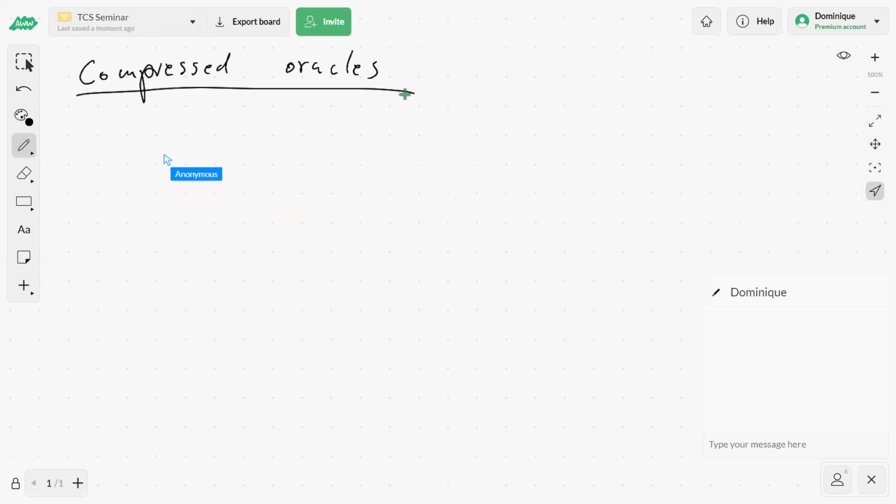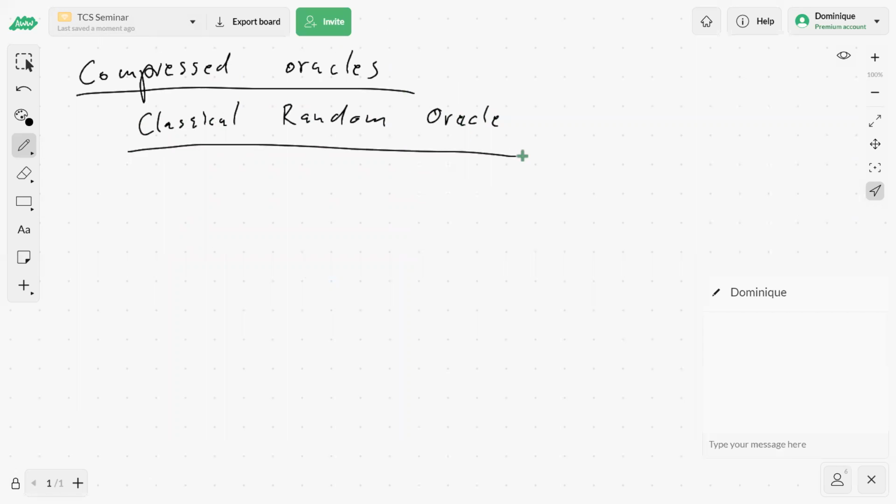Compressed oracles are something for working with random oracles. So let me recall some things about the classical random oracle model. In the classical random oracle model, what we want to do is model a hash function.